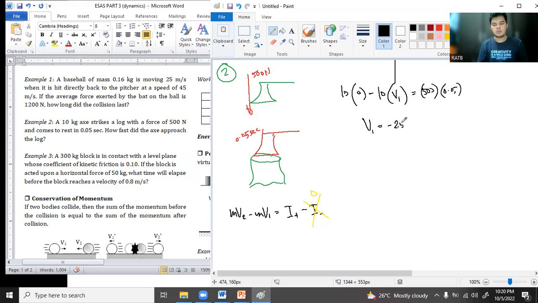So negative 2.5 meters per second, okay?